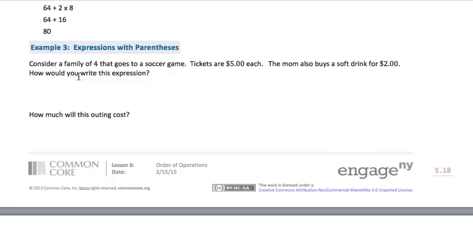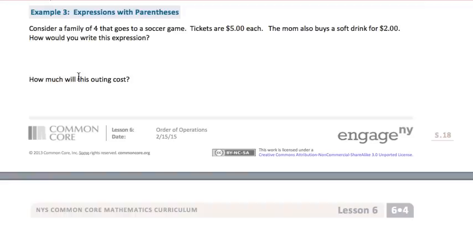Now we'll add parentheses to the mix. Consider a family of 4 that goes to a soccer game. Tickets are $5 each. The mom also buys a soft drink for $2. How would you write this expression?